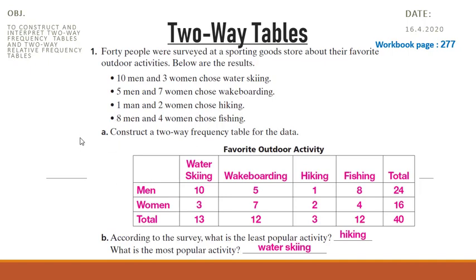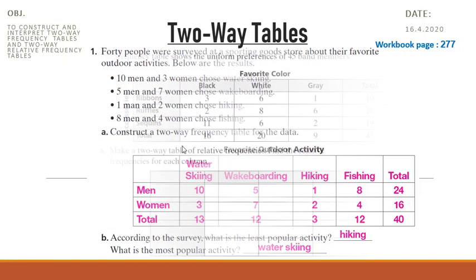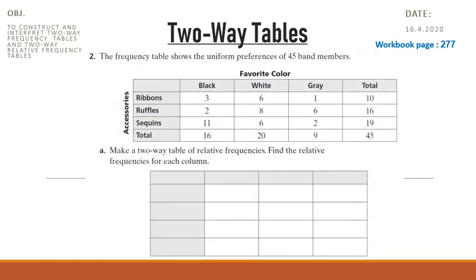Who's ready? Ahmed, you've answered before. I want someone else. Mujtaba. We have here a frequency table and we make a two-way table of relative frequencies.